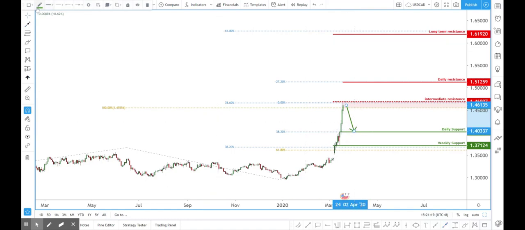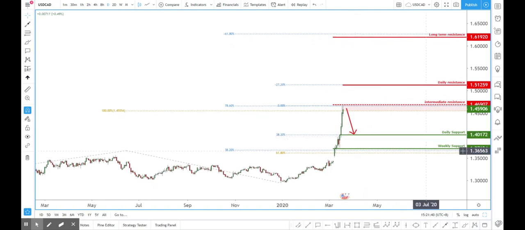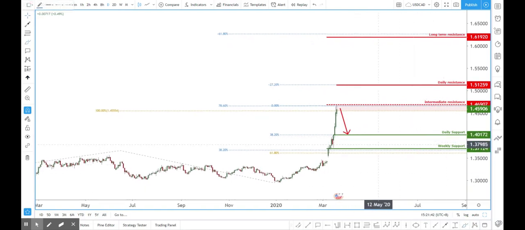Expect price to push down to this level first. Right, and once price is at this level, we should see a pause back up to this intermediate resistance. So I will use the intermediate resistance level as my entry. I'll play down to the daily support or possibly even to the weekly support level.